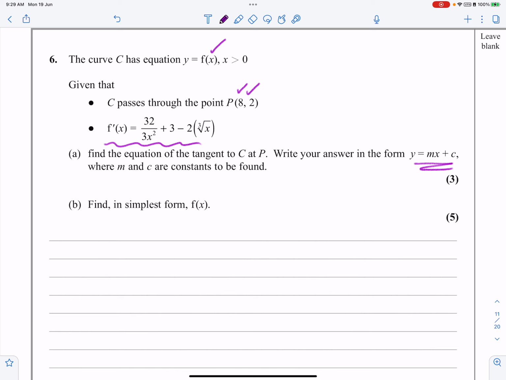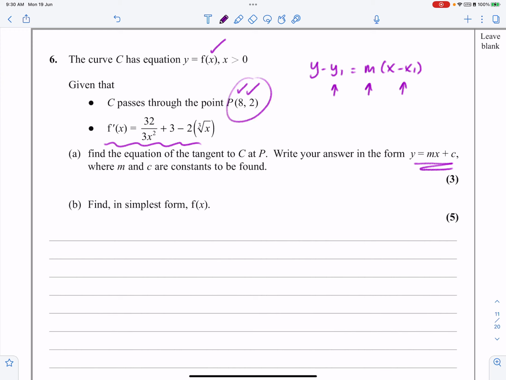Well, if it's the equation of a tangent, I'm normally going to use y minus y1 equals m(x minus x1). That's how I find the equation of a straight line, where I know the coordinate (x1, y1) and I know m. Well, I've got x1, y1, as we said previously, but I haven't got m.